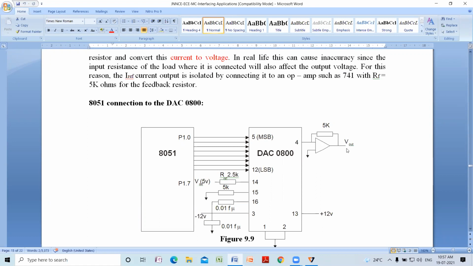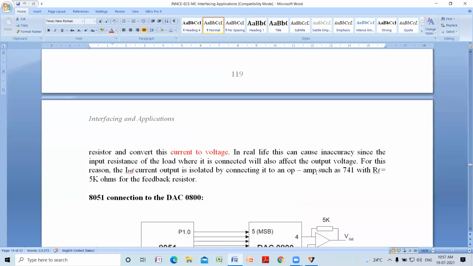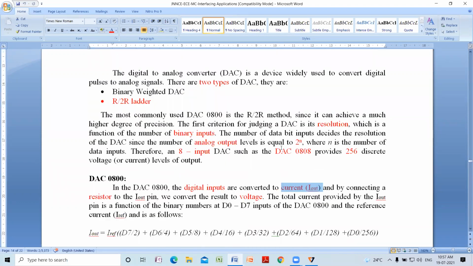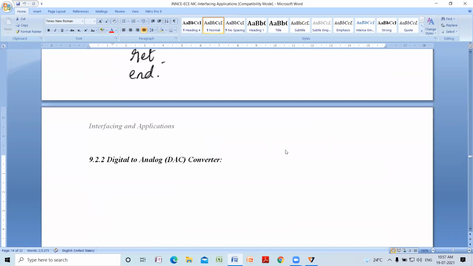So you can see V out on CRO. You can generate any waveform. You can write any program for generating a square wave, triangular wave, sine wave. So this is an experiment actually in your 8051 microcontroller lab. So your concepts you should know very clearly.